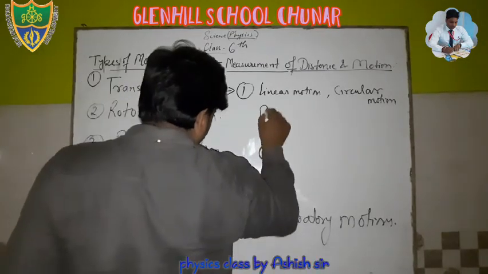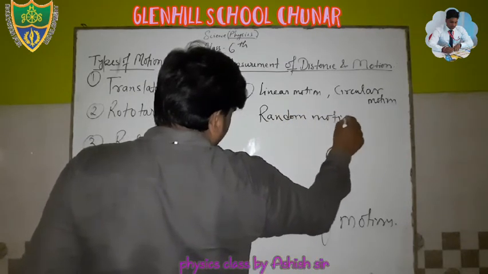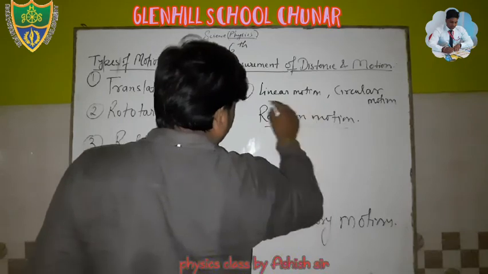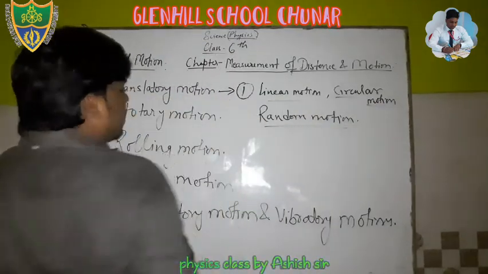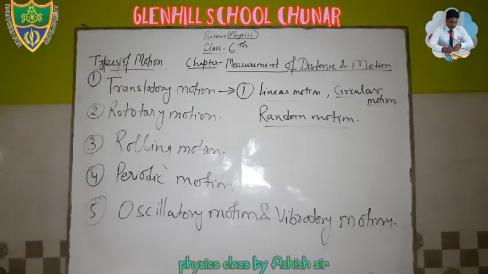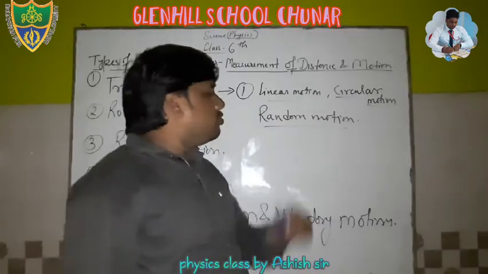And random motion. Linear motion, circular motion, random motion. These are the types of translatory motion.